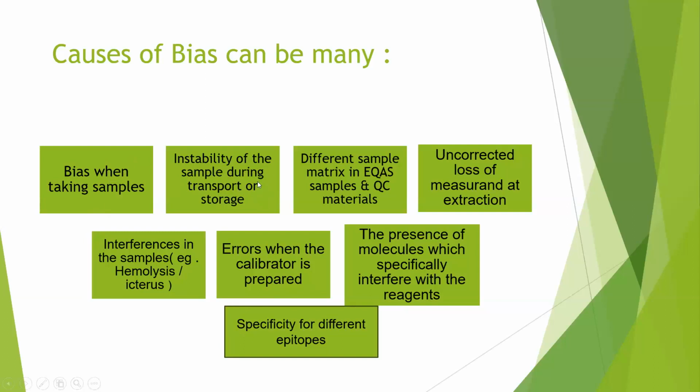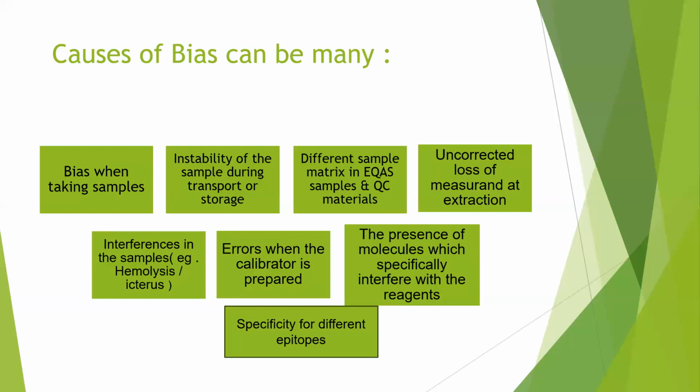Otherwise, sample delivery even within our other labs, which are not hospital-based labs, if you do not adhere to the guidelines for proper temperature, that can also lead to instability of the sample during transport or storage. Another example is that there is a different sample matrix in the aqueous materials and in the QC materials. So that can also lead to a bias.